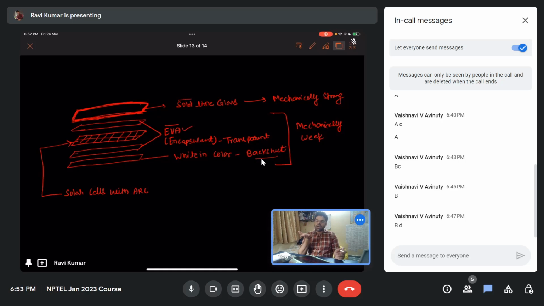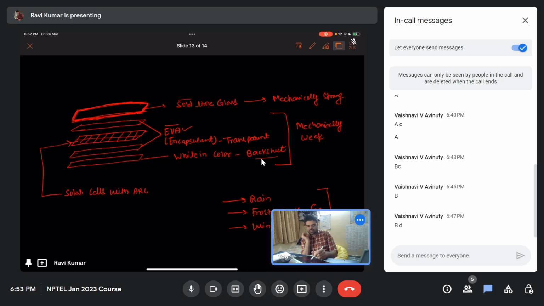What does EVA do? Our solar modules are being used where? They are being used outside. So outside we have rain, frost, mist, fog, and wind. These are all stressors. If we have two pieces of glass with a solar cell between them, and we put it in the field, if water goes inside, it will harm our solar cell.